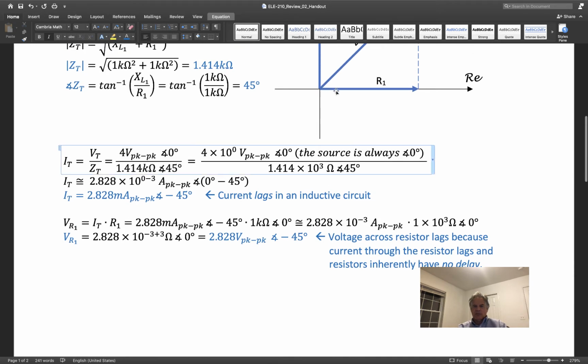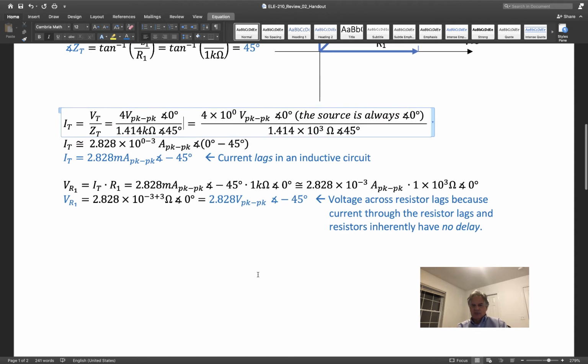That's why we put our resistors on this line. The resistors are at an angle of 0 because they don't have any inherent delay. The resistors convert electrical energy to thermal energy immediately. So as we compute this, we get 2.828 times 1.